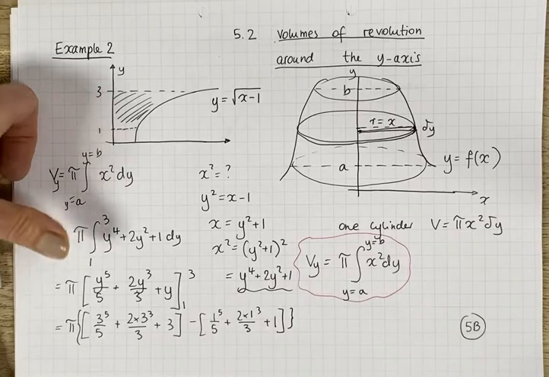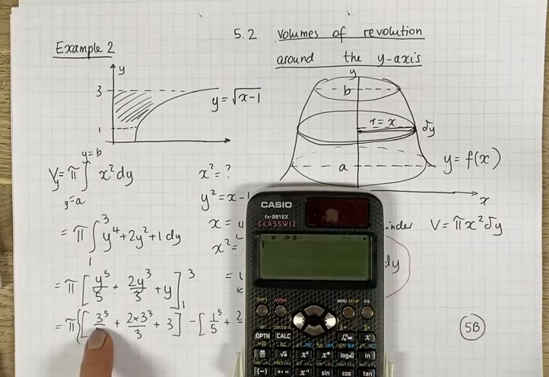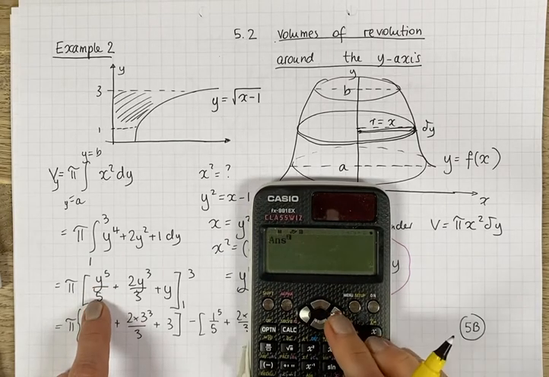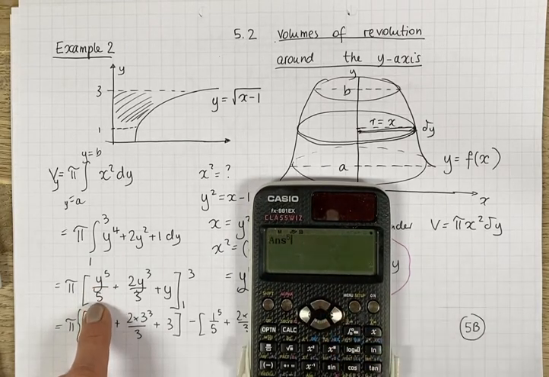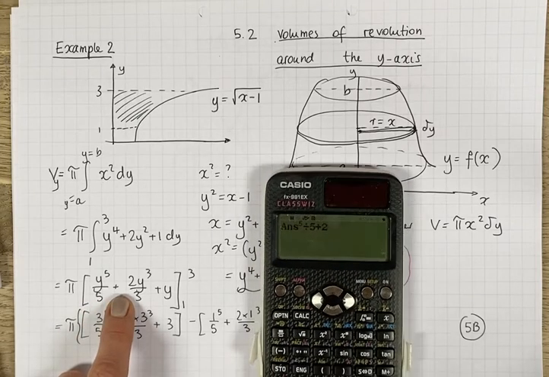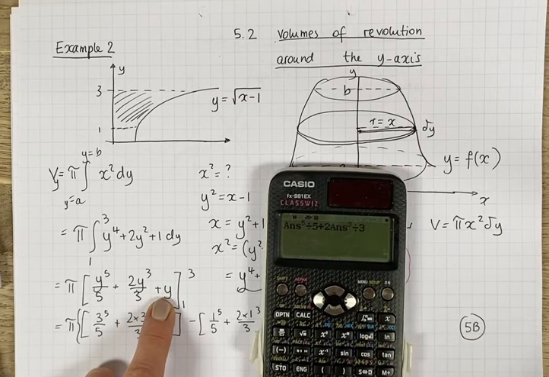You can do them separately, but you can also use the ANS key, so that's what I'm going to do. So the first one is ANS. I'll put ANS to the power of 5 divided by 5 plus 2 times ANS, which is my y, to the power of 3. I use divide, you can use the fraction symbol, plus ANS.